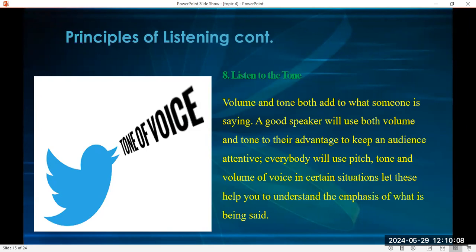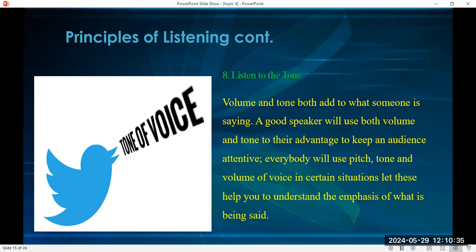For example, if you speak in a low voice and you are in a very big hall, people will not be attentive. You will see backbenchers, they are even eating snacks there. They're not listening to you. But if you use the necessary volume and tone, so that people can hear you from the back of the room, you are going to keep them attentive.